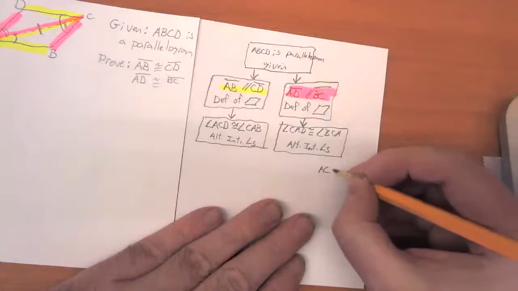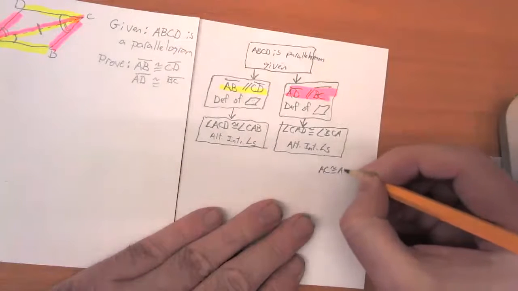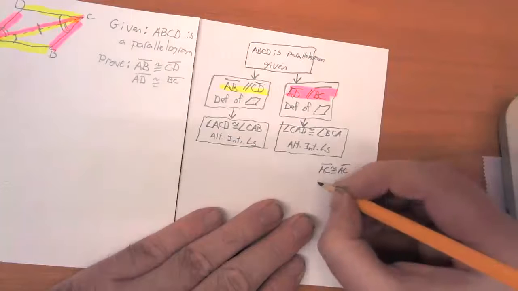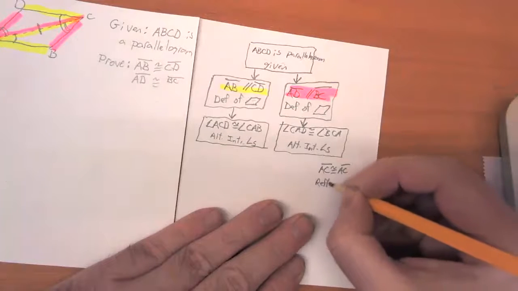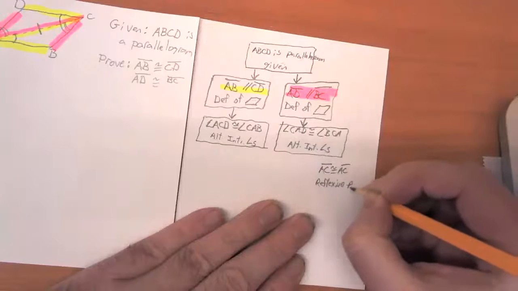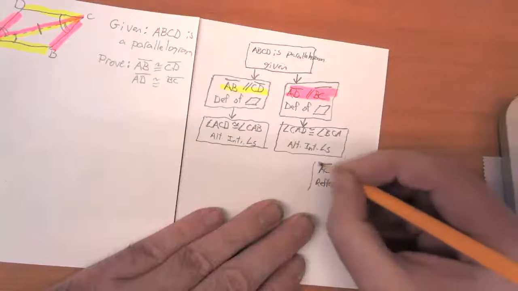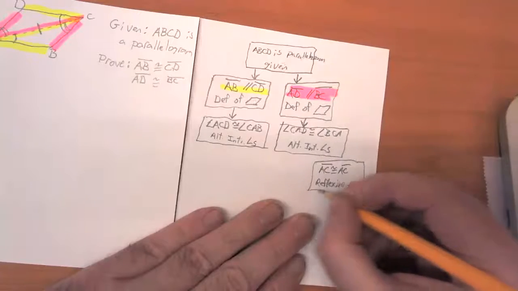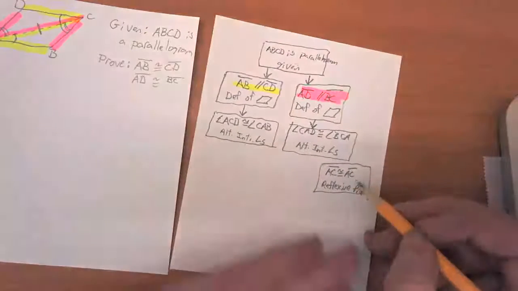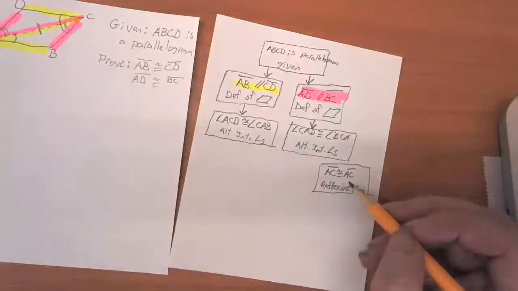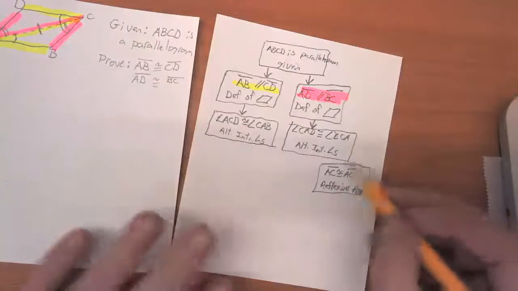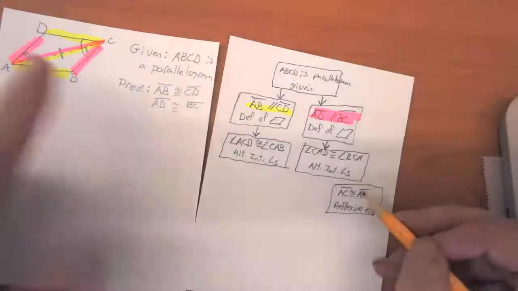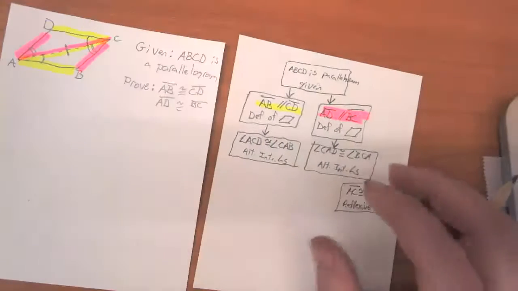So AC we can say is congruent to AC by the reflexive property. And we don't need any arrows pointing into this fact because this is just true on its own. I don't need any supplementary facts to say that something is congruent to itself.